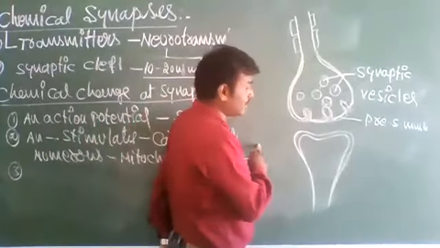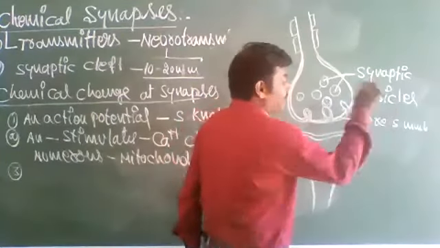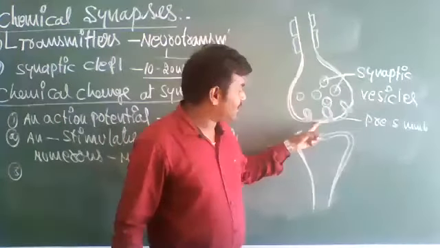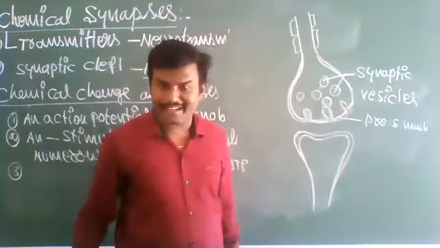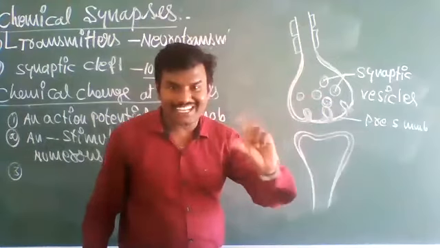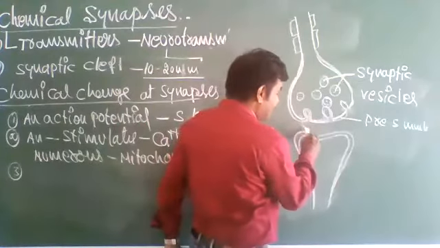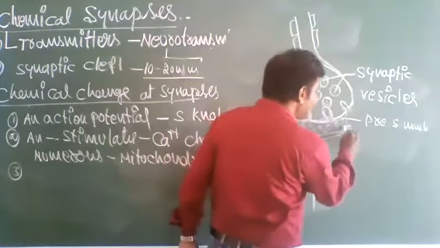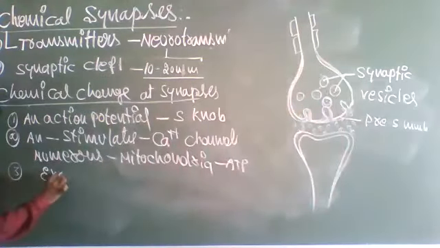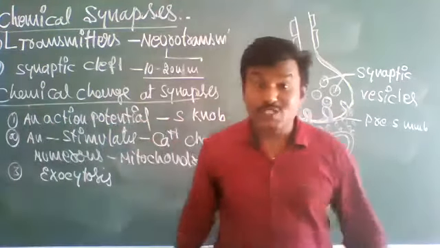As synaptic vesicles fuse with the presynaptic membrane, they rupture and release neurotransmitters by exocytosis.